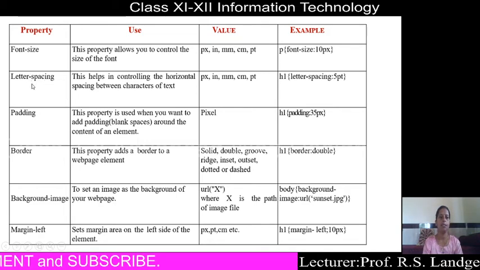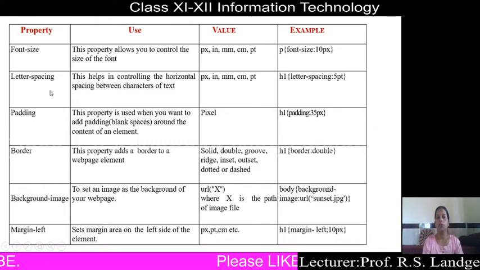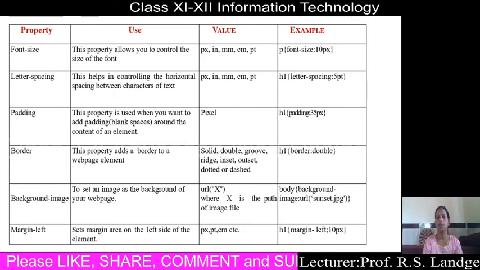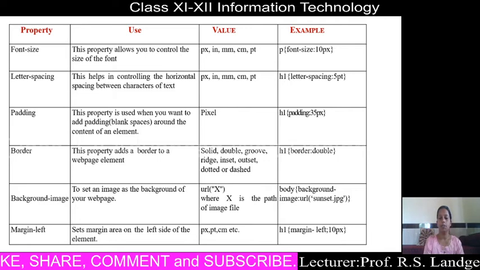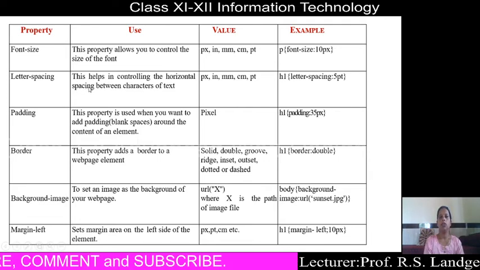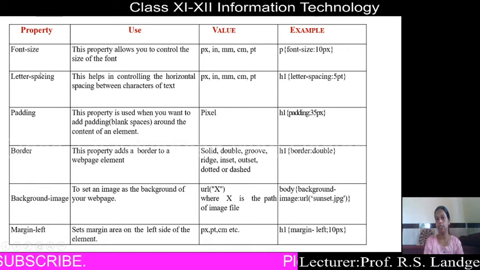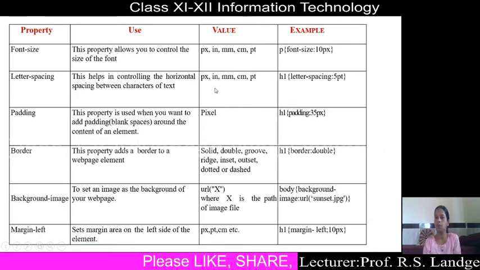Then the next property is letter-spacing. If we want to create space between characters, then this property is used. It helps control the spacing between characters. Generally, the horizontal space between characters is increased or decreased with the help of the letter-spacing property.